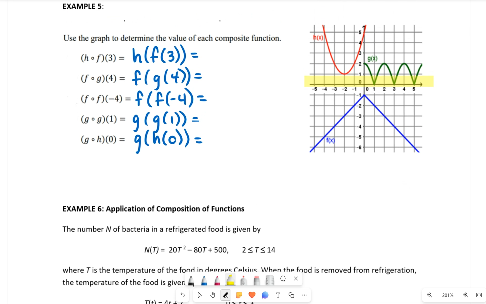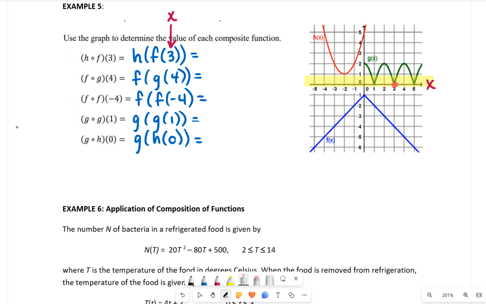So I purposely highlighted it here because I want you to understand that they're giving you x values, and they're wanting you to start on the x-axis. These values are your x values. That's the starting value. So I am standing right here at 3 on the x-axis, and I'm starting here at 3.